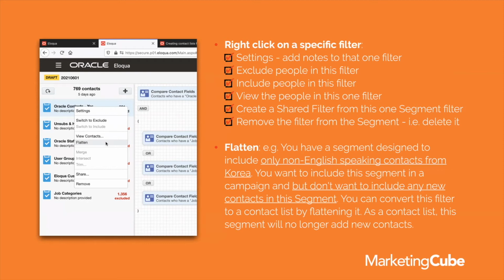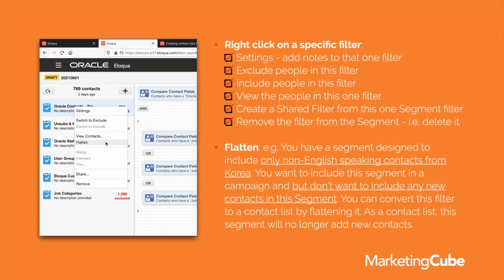Then view contacts. While you are probably familiar with the view contacts up in the top right hand corner of the screen, that will show you in this example, the 769 people. If you wanted to view the contacts in any one of those individual filters, then again, you can right click on that and choose view contacts. You've also got the share construct, which will create a shared filter for you of that information that is in the filter itself.